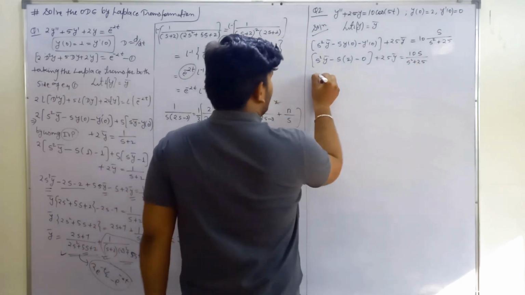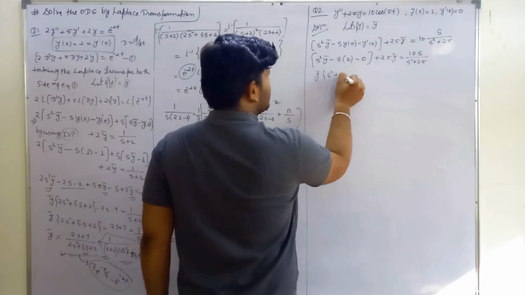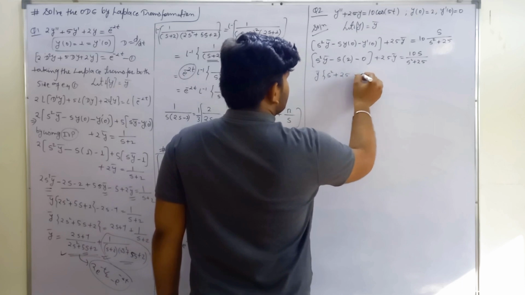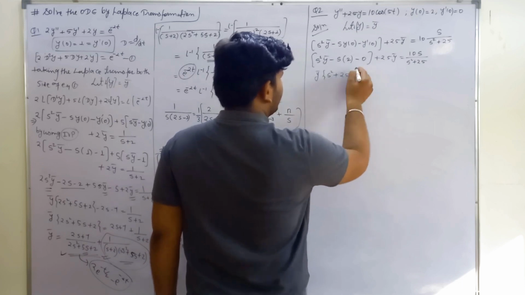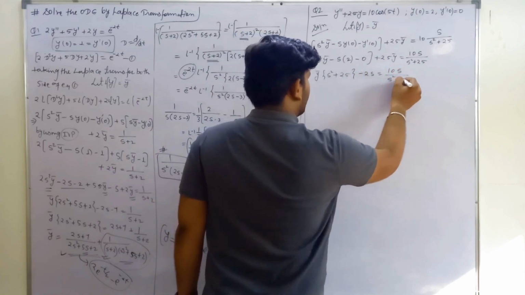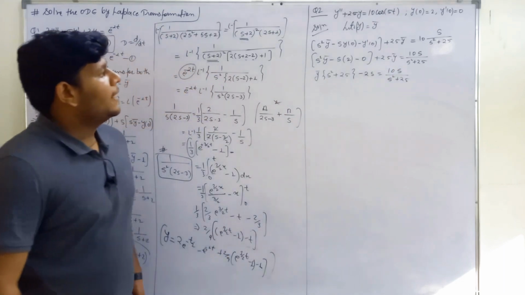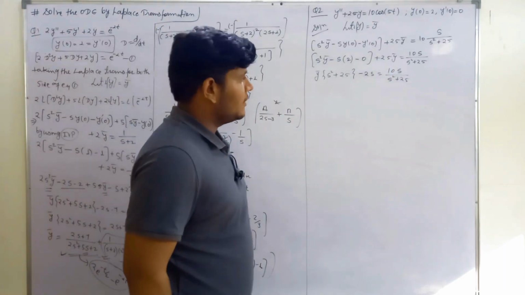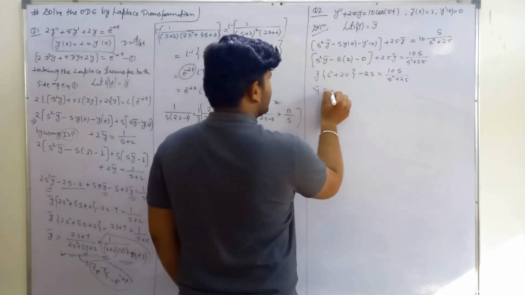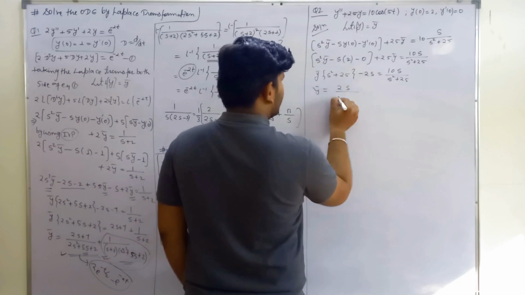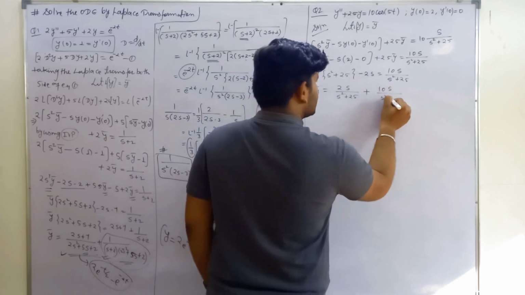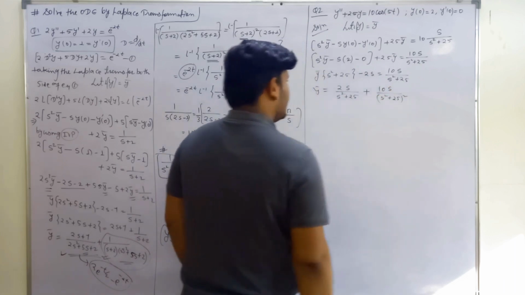Now taking y bar common, it is (s² + 25) y bar, minus 2s, equals 10s upon s² + 25. So y bar is equal to 2s upon s² + 25 plus 10s upon (s² + 25) whole square. Okay, no problem.